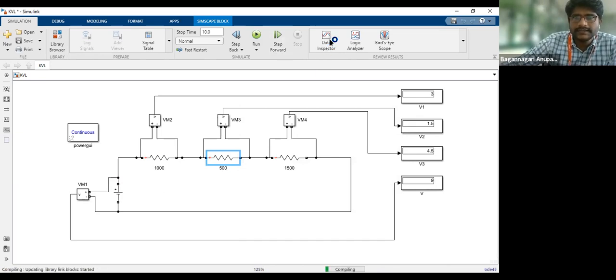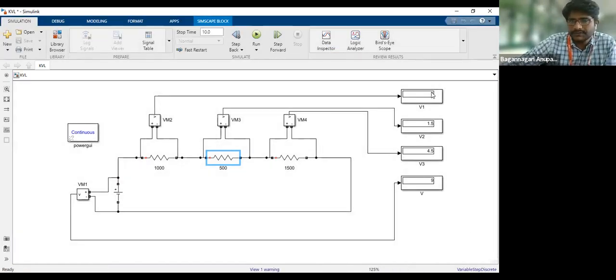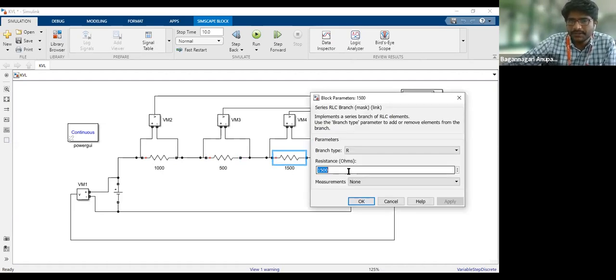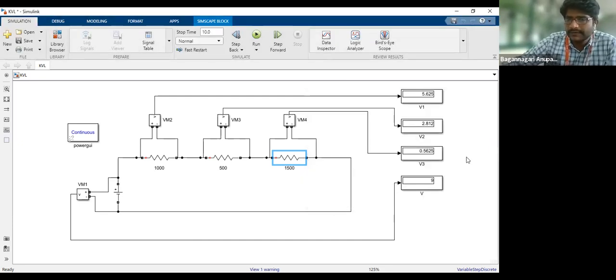Now once I run this, you can see the values. It indicates the voltage drop across the 1000 ohms, 500 ohms and 1500 ohms. You can easily change the value. If you want, you can change this to 100, run it and see whether it changes accordingly. You can do the calculations and verify them, right?